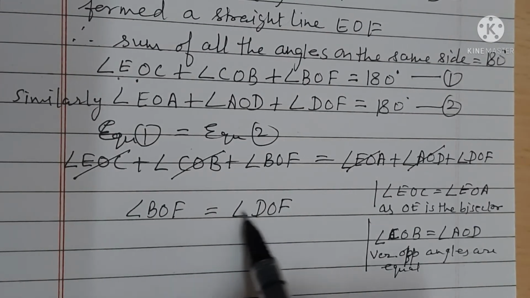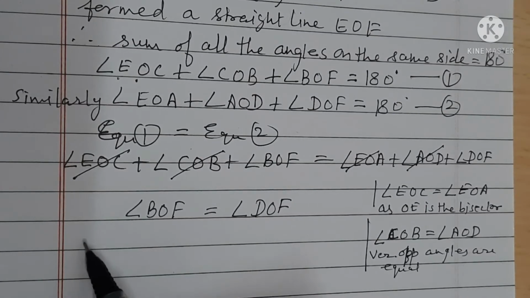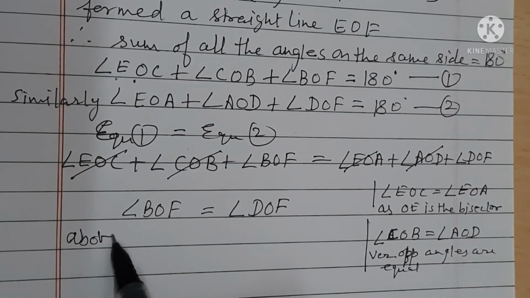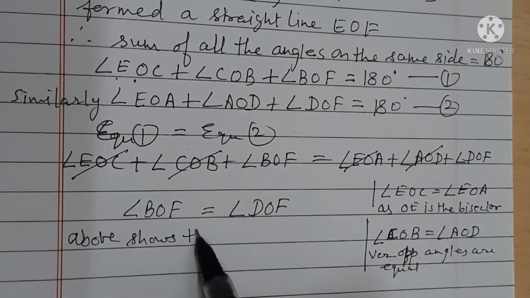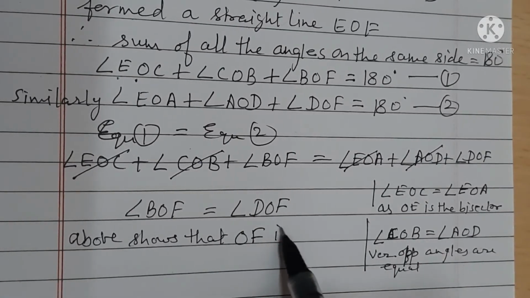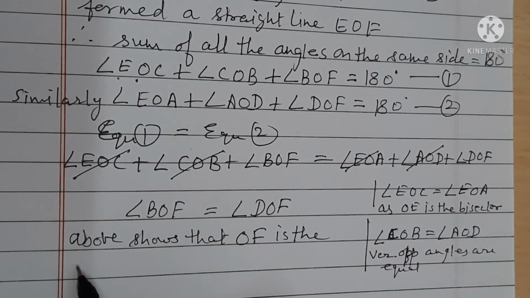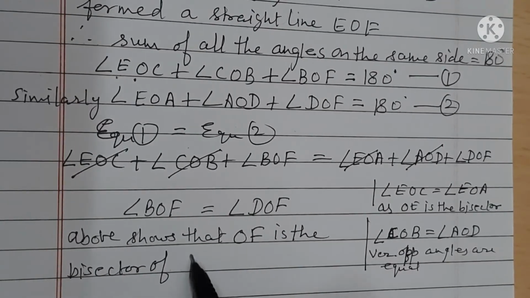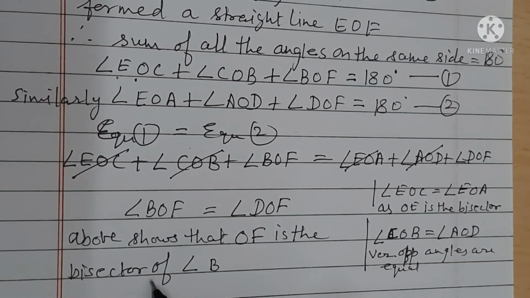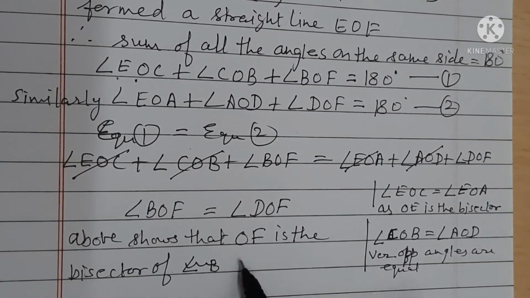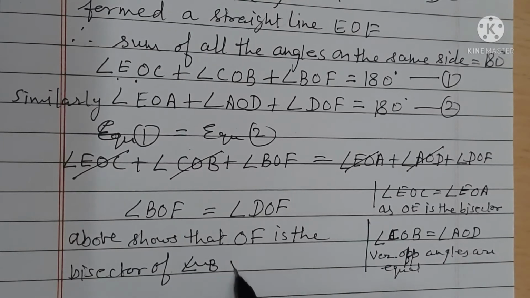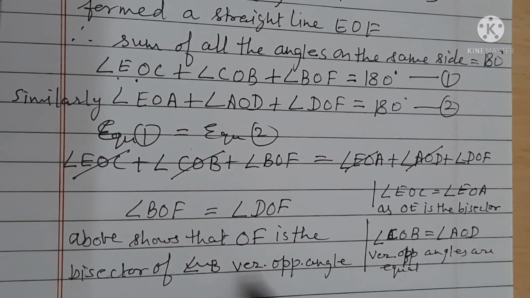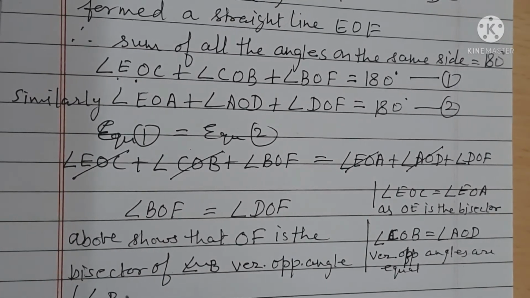So right here, this angle BOF is equal to angle DOF. This shows that OF is the bisector of the vertically opposite angle, and the angle's name is angle BOD.